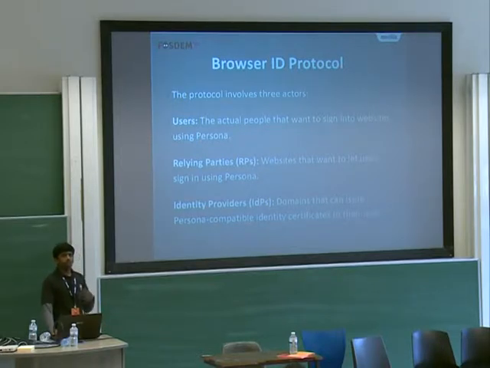Users are the common people who log in on the web, and relying parties, let's take WebMaker as an example. Webmaker.org is the relying party, and the identity provider is something which we use as a login, like if you use something at yahoo.com as a login, that would be the identity provider.